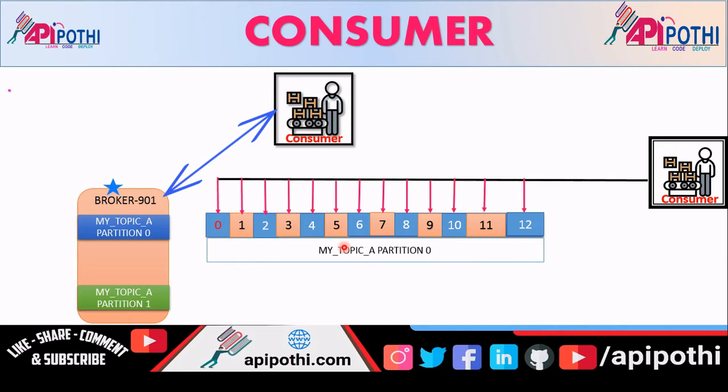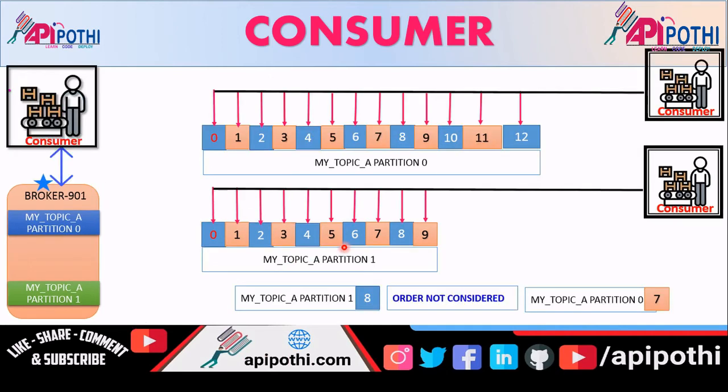But if the picture comes for two partitions, meaning that you have consumer 1 here and consumer 2 here, and both the consumers are reading the data from different partitions, there is no guarantee. Suppose I am fetching the data from partition 1 with the 8 offset and from partition 0 with the 7 offset.